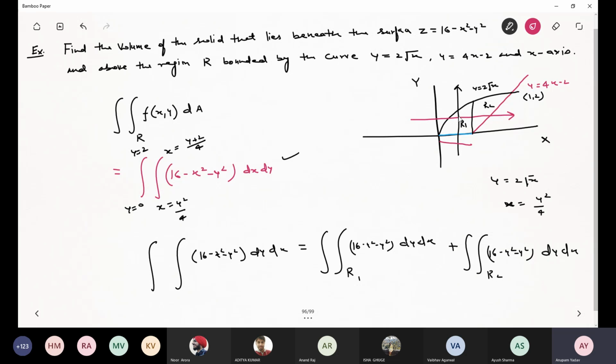But after this point, x-axis is no more a boundary for our region. After this the boundary is the line y equals 4x minus 2. So we don't have a single curve which uniformly describes the lower bound for y in this region. That is why we need to split it into two regions.